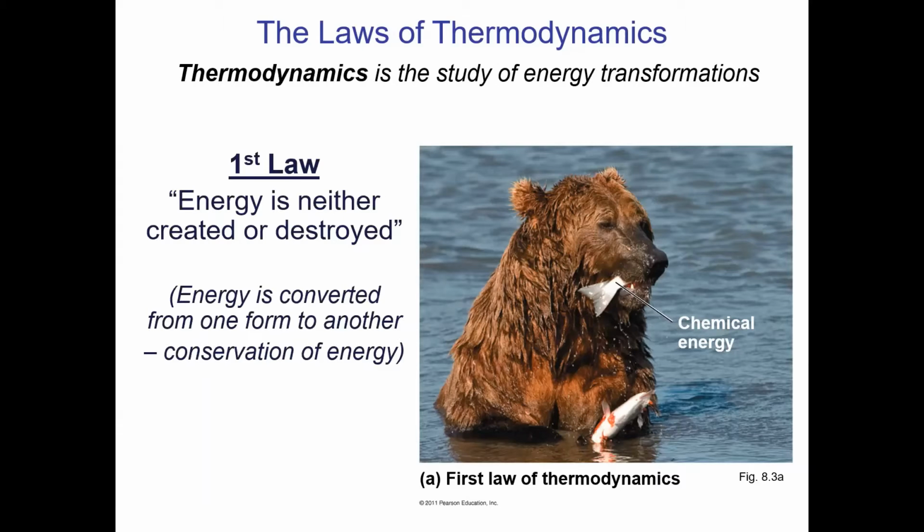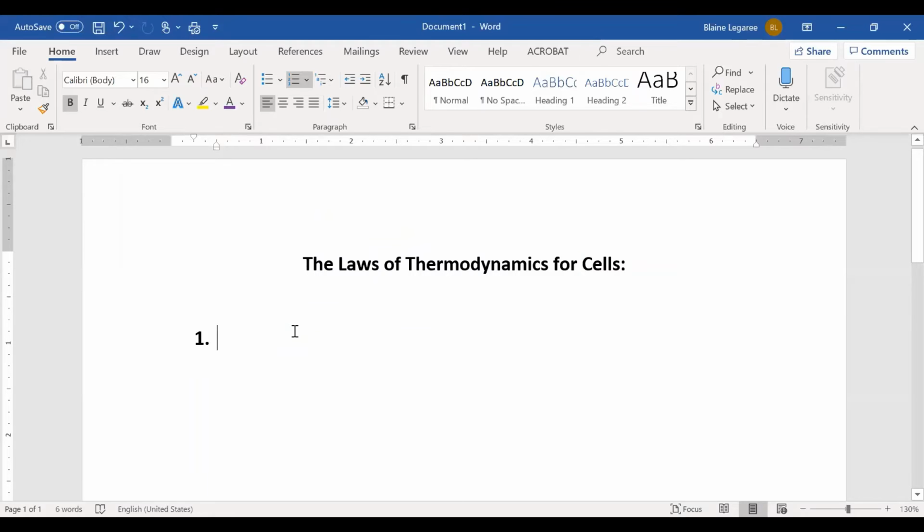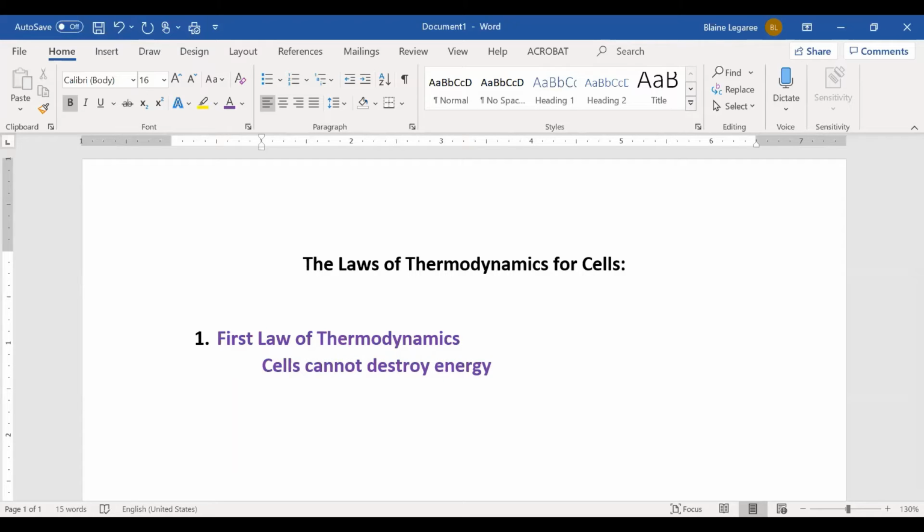So what I want to do, like I said, is write a quick note about thermodynamics here for you. And I want to call it thermodynamics for cells. So the first law of thermodynamics for cells is that cells cannot destroy energy, but they convert it between different forms.